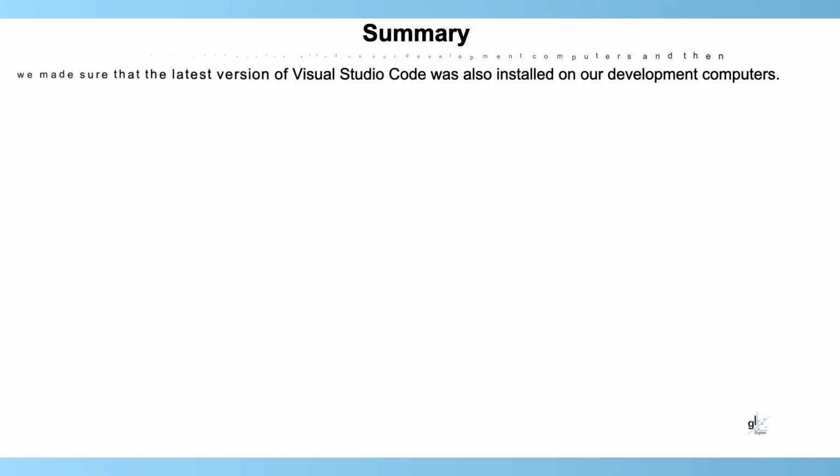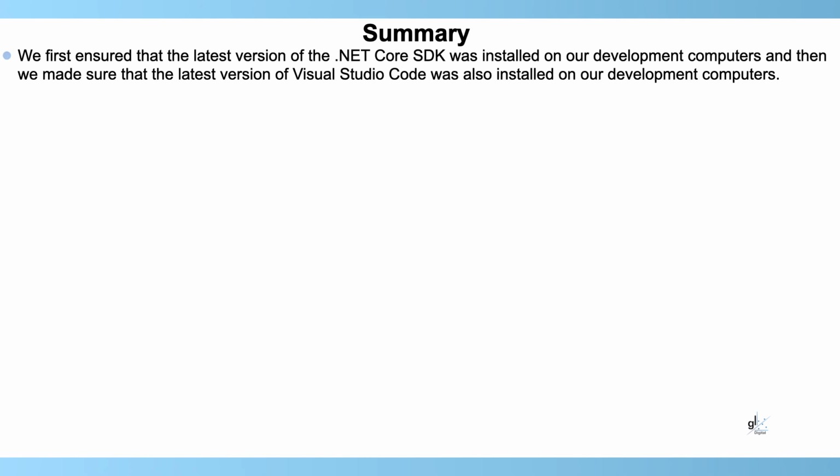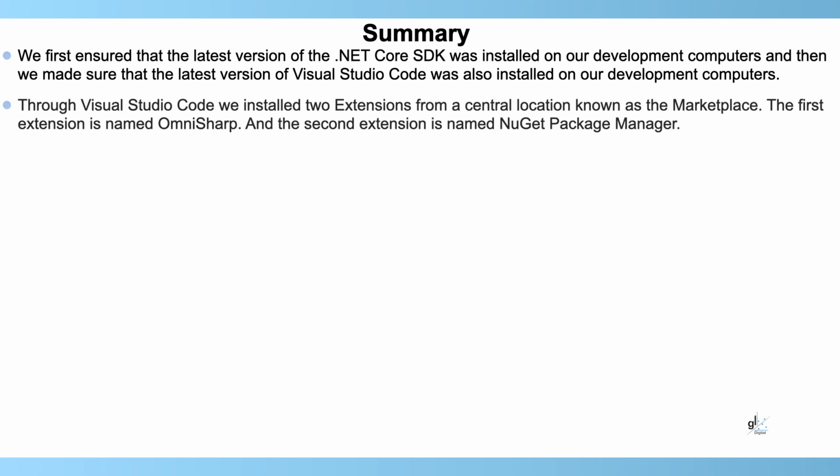Excellent. To summarize, we first ensured that the latest version of the .NET Core SDK was installed on our development computers, and then we made sure that the latest version of Visual Studio Code was also installed. Through Visual Studio Code, we installed 2 extensions from a central location known as the Marketplace.